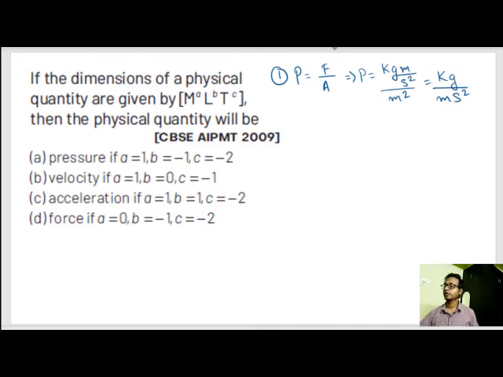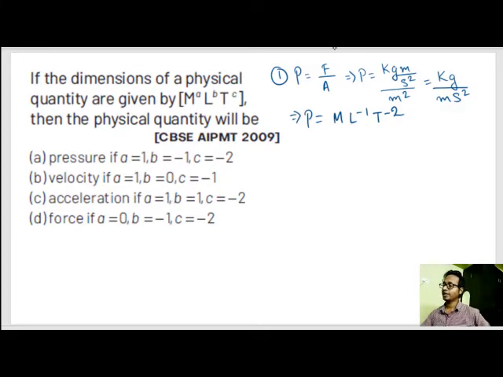So the dimension of pressure is M L to the power minus 1 T to the power minus 2. So pressure is A is 1, or M to the power 1 L to the power minus 1 T to the power minus 2.